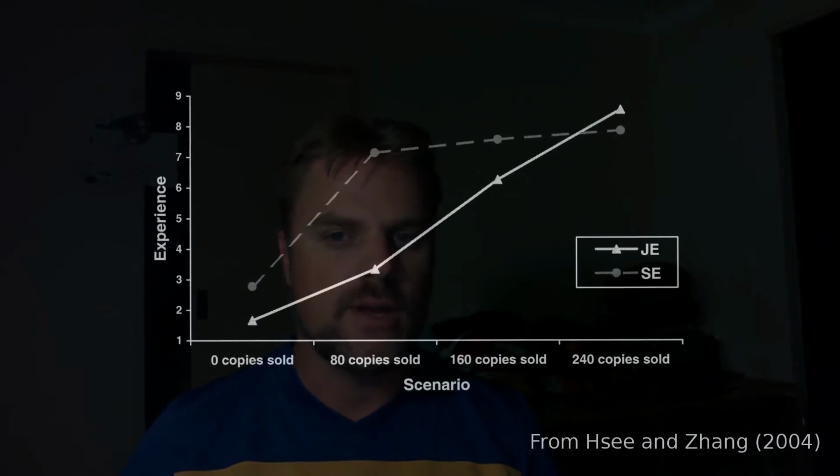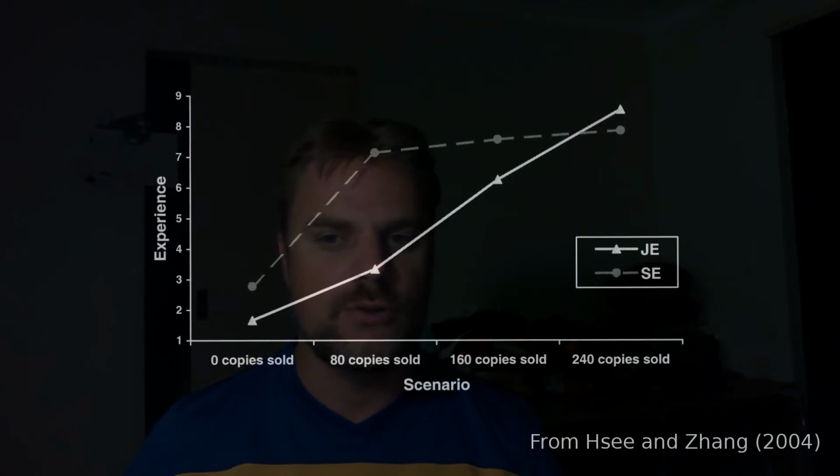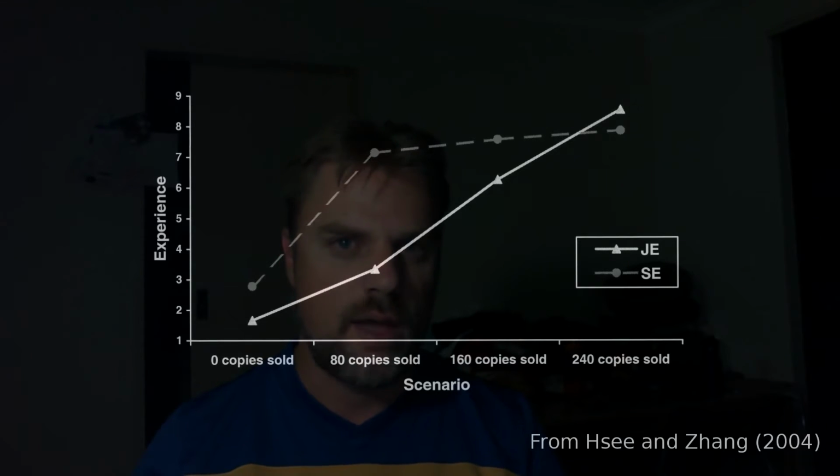The key point to note here is how steep the black line is and how flat the dashed line is. This shows that when we evaluate the 4 scenarios together, we expect them to produce quite different levels of happiness. But when we consider each scenario separately, we actually find them to be far more similar. The tendency to focus on differences when evaluating together rather than separately is the distinction bias.